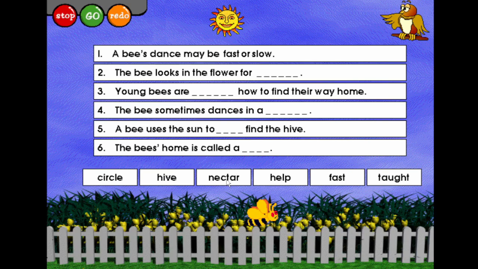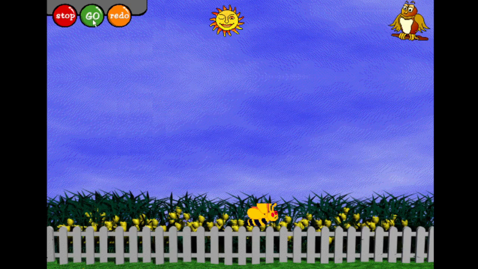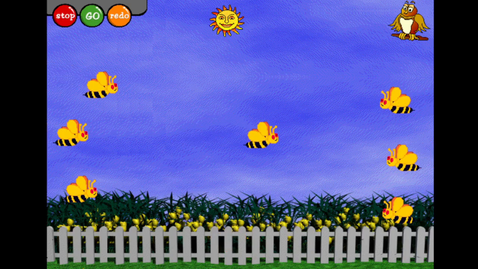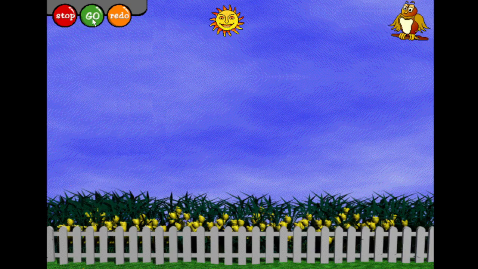A bee's dance may be fast. 2. The bee looks in the flower for nectar. 3. Young bees are taught how to find their way home. 4. The bee sometimes dances in a circle. 5. A bee uses... 6. The bee's home is called a hive. Terrific!